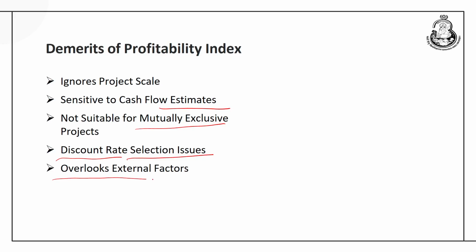And all the capital budgeting techniques are quite introvert and their orientation is inward, whereas there are so many external factors which might have their bearing on the selection of capital budgeting projects. All these things are ignored under the profitability index method and somehow in other methods.